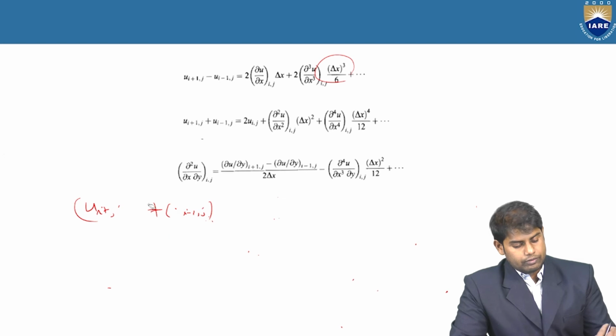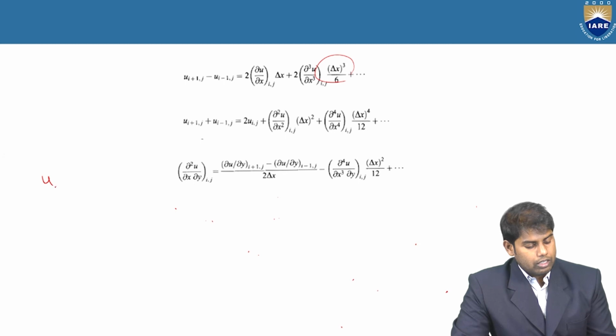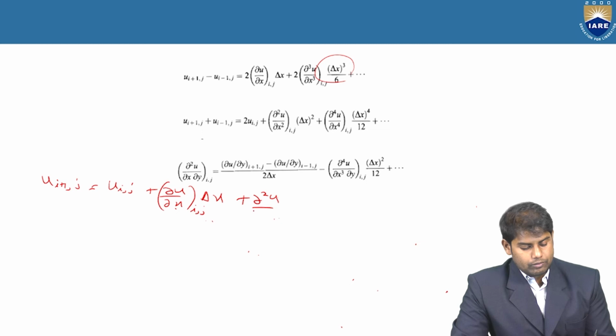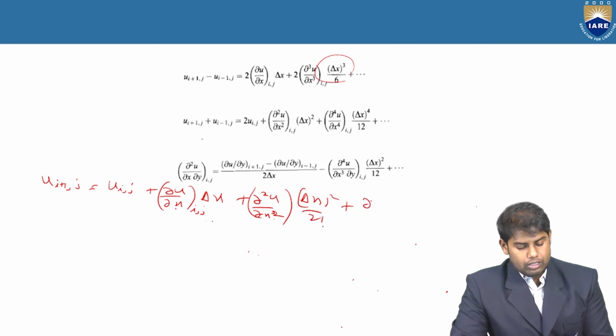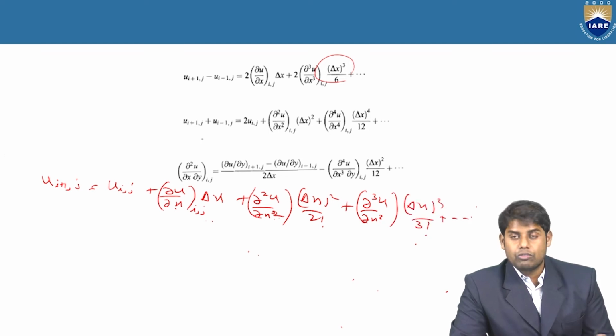So we'll see how. Again we write u(i+1,j) equal to u(i,j) plus ∂u/∂x into Δx at (i,j) plus ∂²u/∂x² into Δx² divided by 2 factorial plus ∂³u/∂x³ into Δx³ by 3 factorial plus so on.